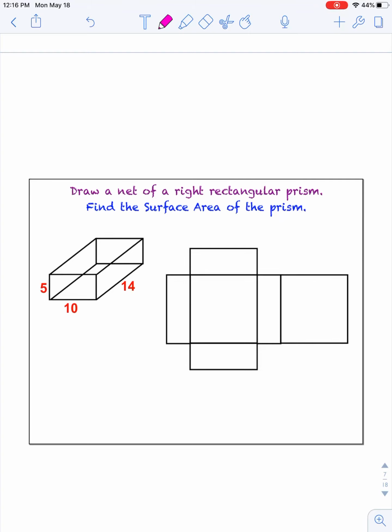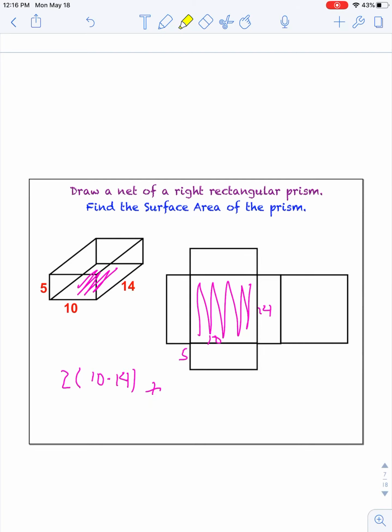But I'll try to show you that if we have this net right here, and here's our base right here. This is 5, and this is 10, and then this piece right here is 14. So if we're finding the area of that base, it's going to be 10 times 14 times 2.